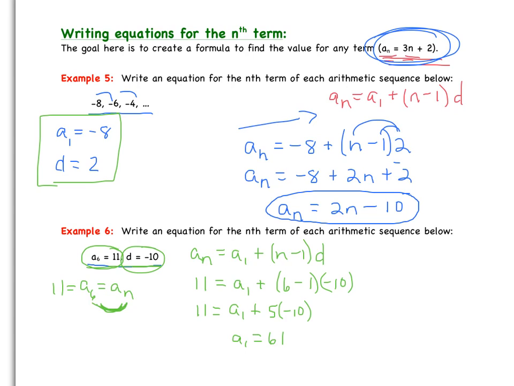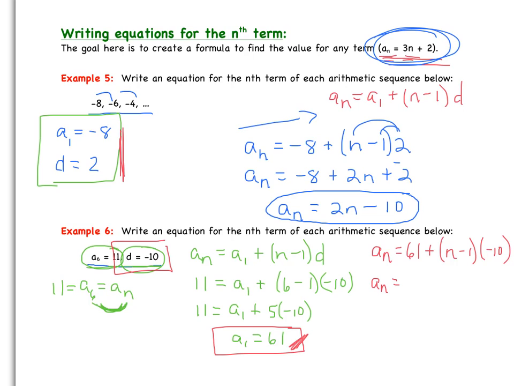But now I am going to take this information and our common difference, just like we did in the previous example, and write an equation. So a sub n is equal to our first term, which we figured out is 61, plus n minus 1, and our common difference we figured out is negative 10 because they gave it to us.